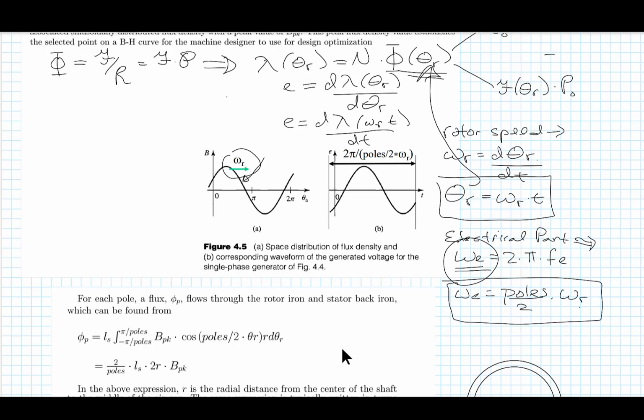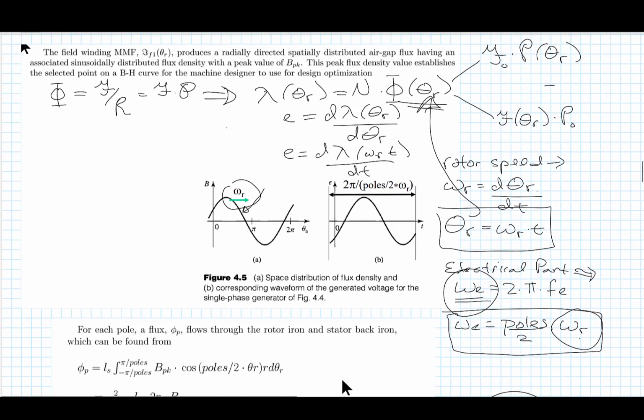The same way that we related an electrical angle to a mechanical angle, we can relate an electrical frequency to a mechanical frequency or speed. So this is how fast you're moving the rotor, and that's how fast the flux density is moving through the air gap.